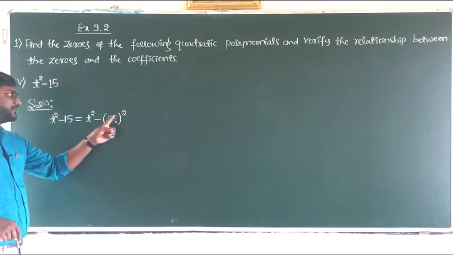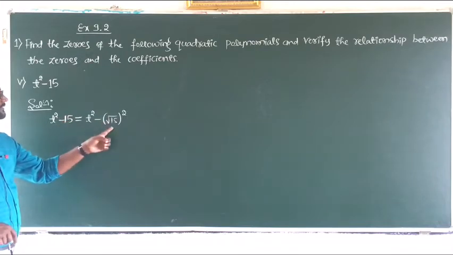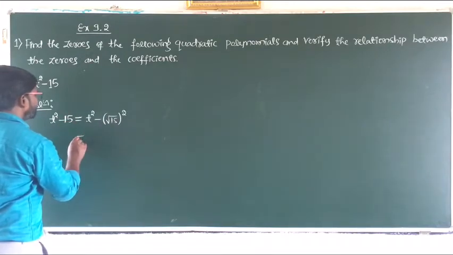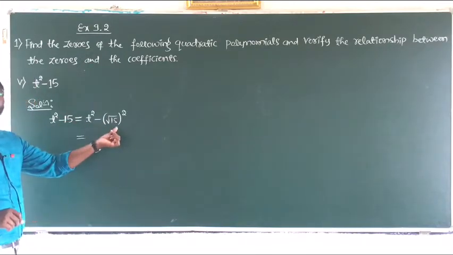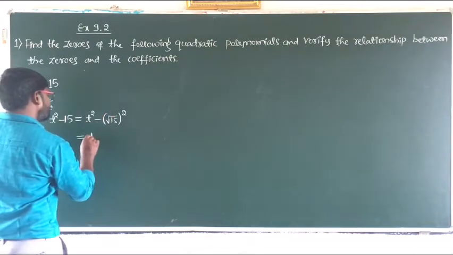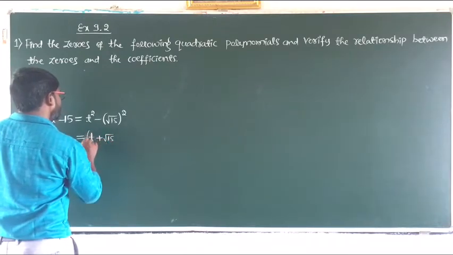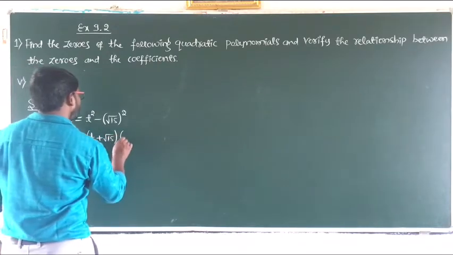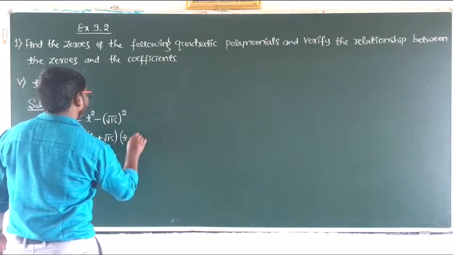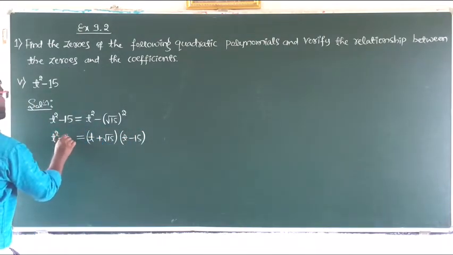So square and root get cancelled, we get 15. So this only I have written in this form. So now it is in the form of a square minus b square, that is a plus b into a minus b. So that is t plus root 15 into t minus root 15. So this is t square minus 15.